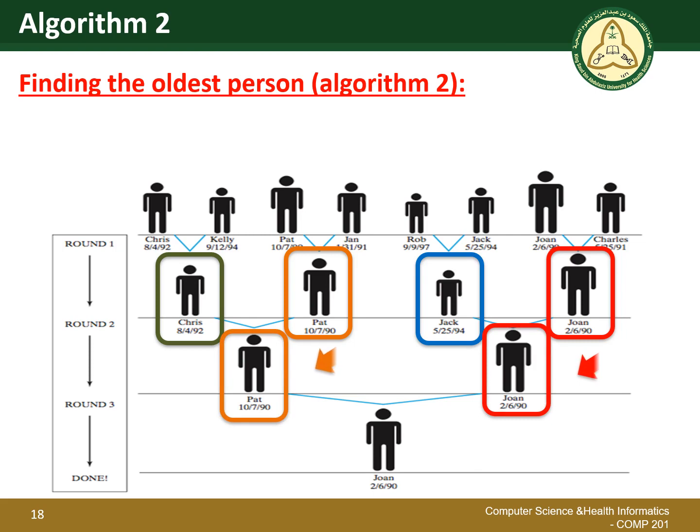In second round again pair up and compare. إذا كريس مع بات هيبقى معايا بات، وجاك مع جون هيبقى معايا جون. In third round هلاقي بس عندي one pair هقارنهم، هيبقى الأكبر اللي هو جان.